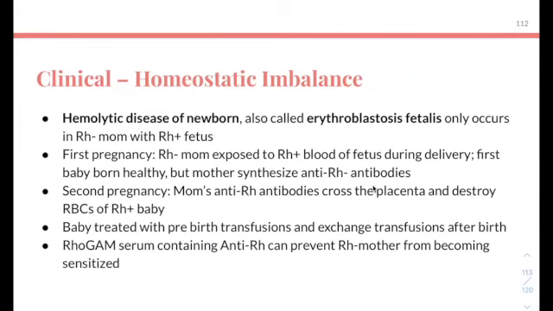Do we need to start treating the mom? If mom and dad are both the same blood type, positive, then this isn't needed. This is only needed if, say, mom is negative, dad is positive, is when something like this is looked into.